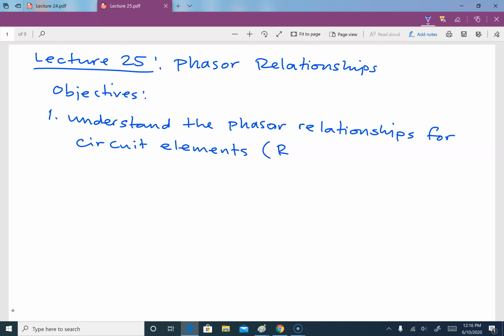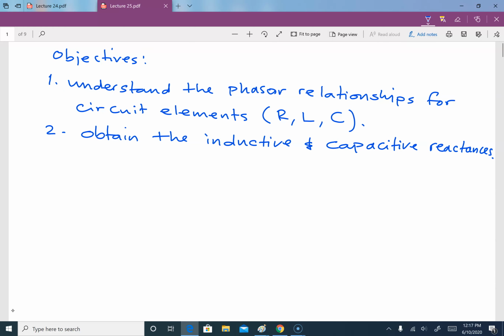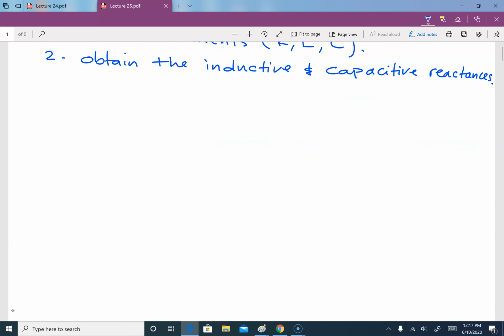What we mean by circuit elements are the R, the L, and the C: resistance, inductance, and capacitance. And the second objective is to obtain the inductive and capacitive reactances. So these are the two main objectives of this lecture.